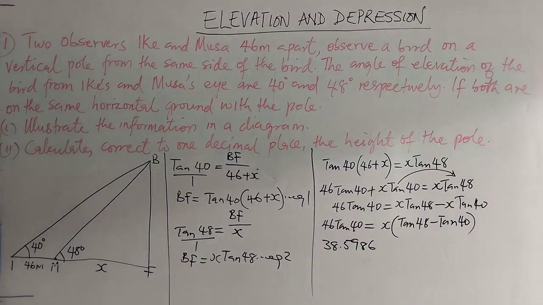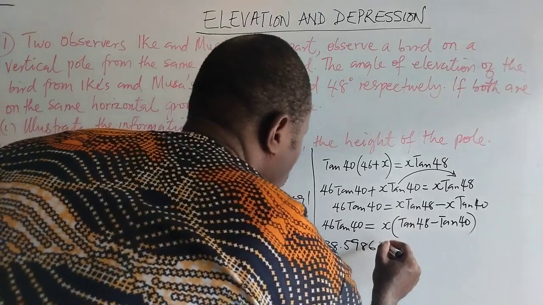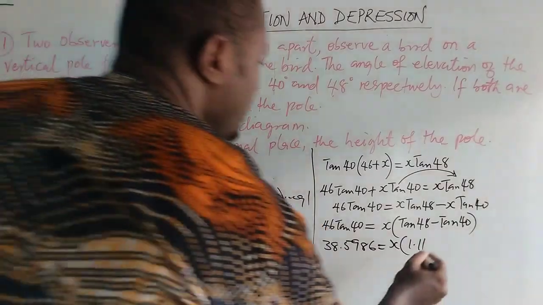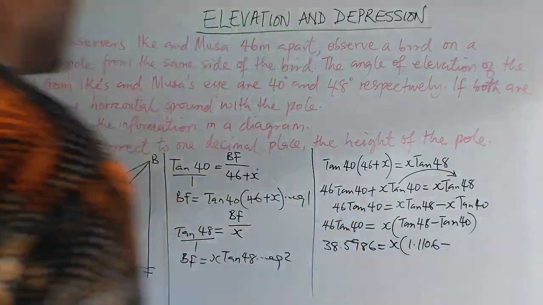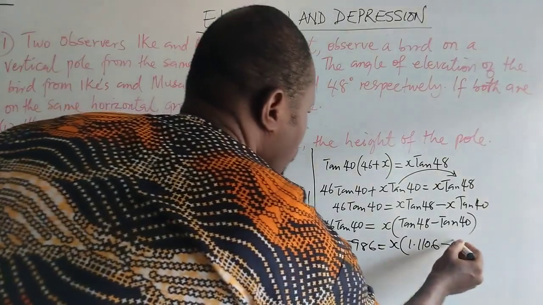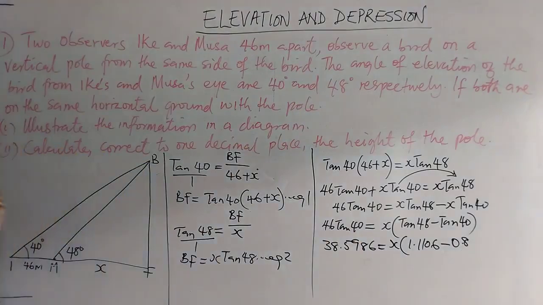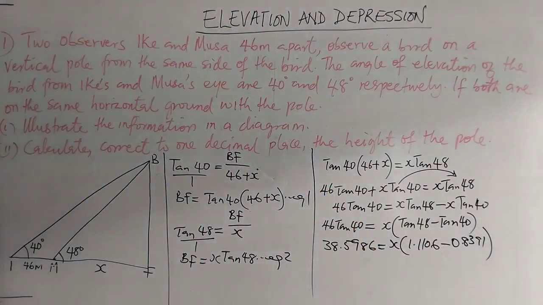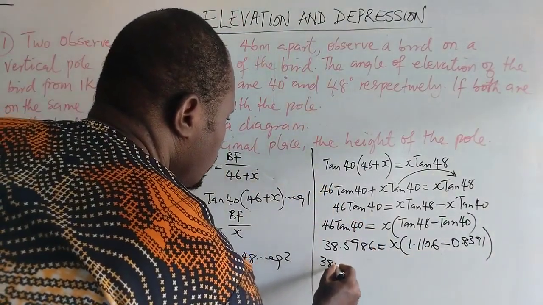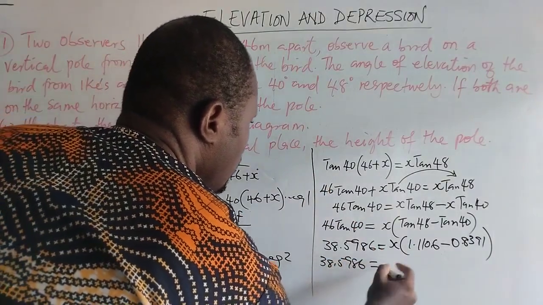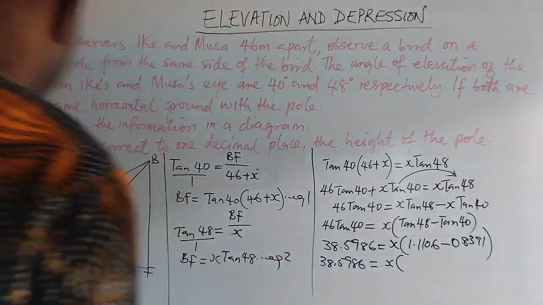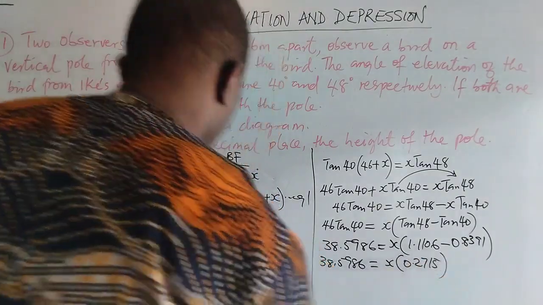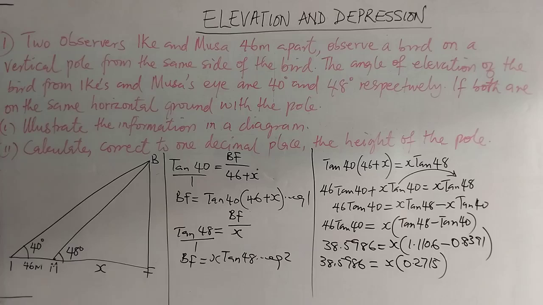Then tan 48 is 1.1106 minus tan 40 is 0.8391 to 4 decimal places. If you continue, this will give you x bracket. If you do the subtraction, 0.2715.